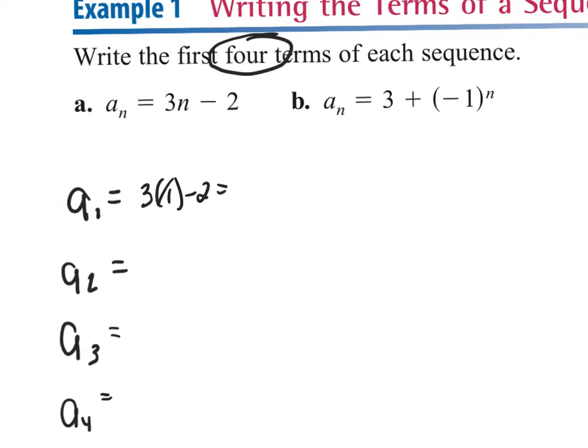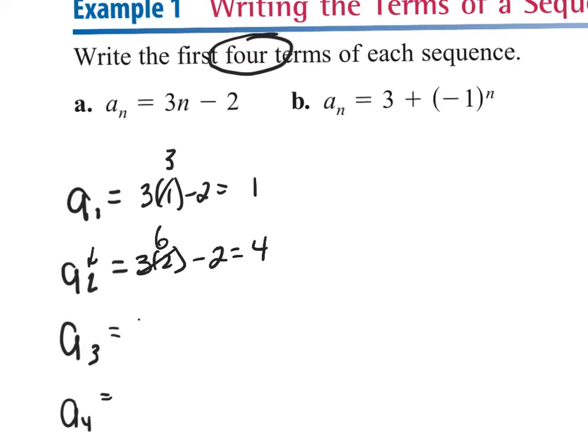What's 3 times 1? 3 minus 2 is 1. So the first term of this sequence is 1. So if I want to find the second term, well then n is your term number, so I'd say 3 times 2 minus 2. So 3 times 2 is 6, minus 2 is 4. So the second term of the sequence is 4.